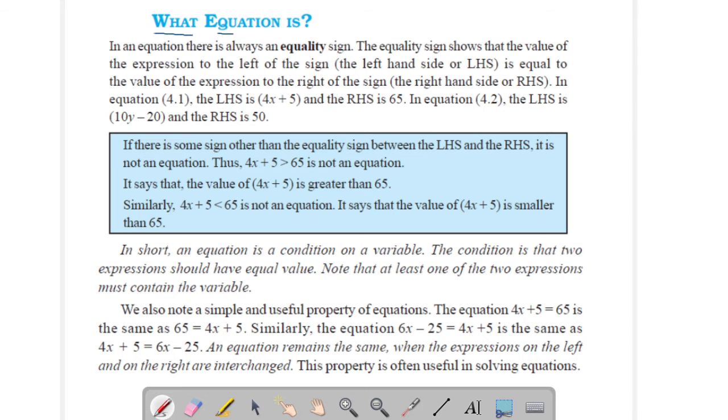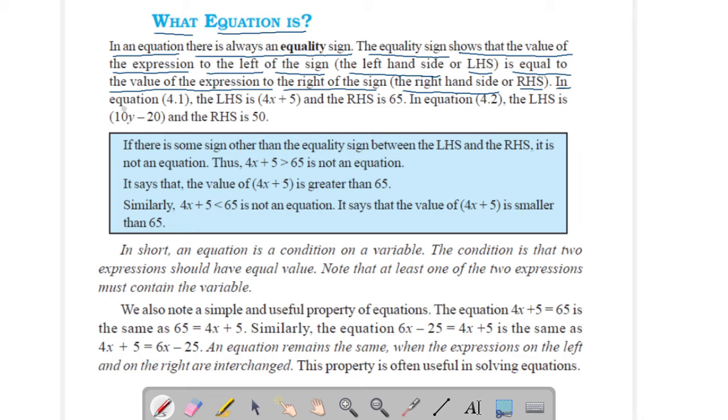What is an equation? In an equation, there is always an equality sign. The equality sign shows that the value of the expression to the left of the sign, the left hand side or LHS, is equal to the value of the expression to the right of the sign, that is the right hand side or RHS.